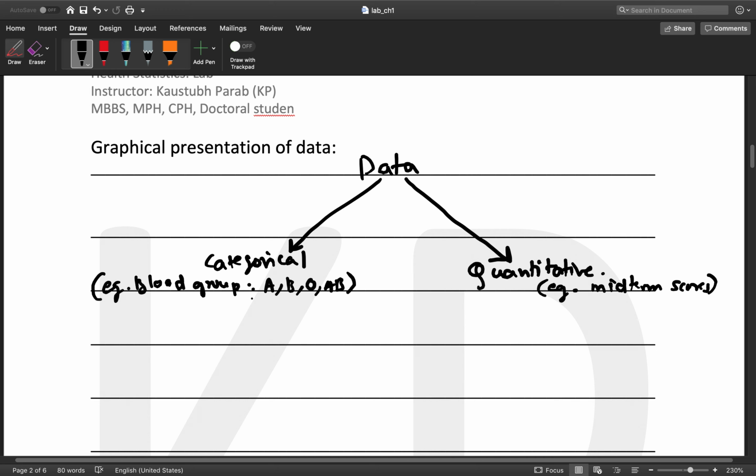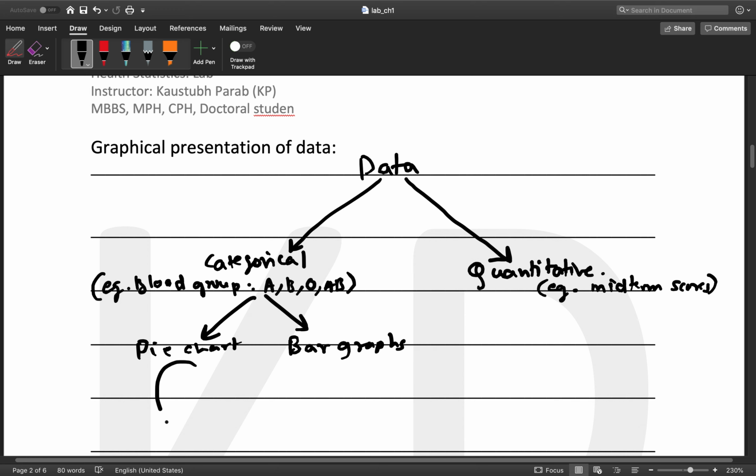So for categorical variables, we can either use pie chart or bar graphs. A pie chart is as simple as pie.